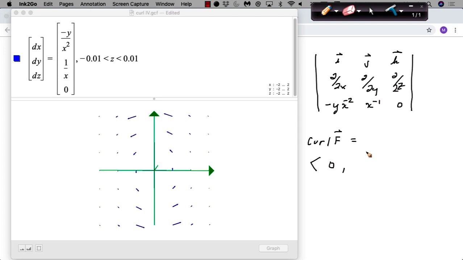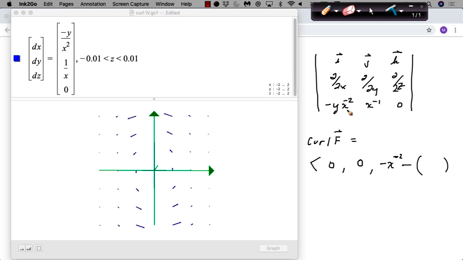Now the k component. Partial of x to the minus 1 with respect to x is negative x to the minus 2, minus the partial of this with respect to y, which is negative x to the minus 2.